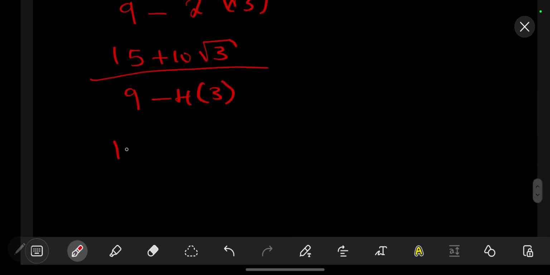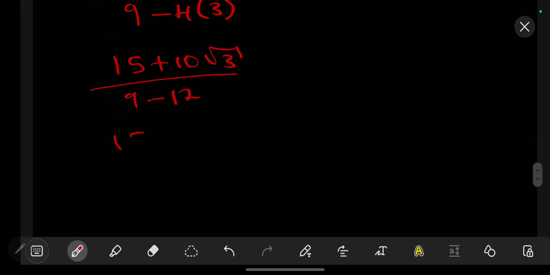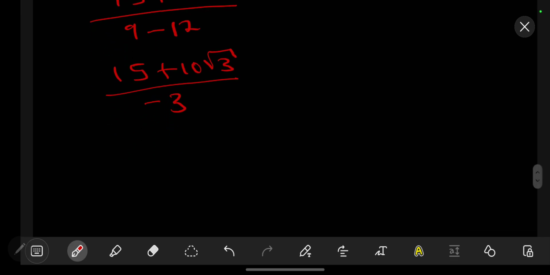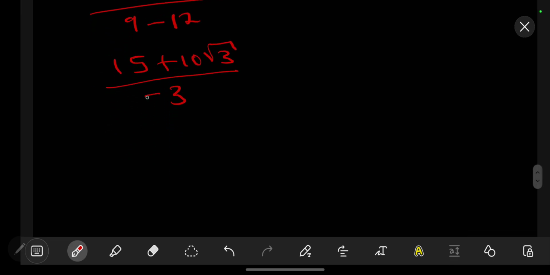So we are going to have 15 plus 10 square root of 3 over our 9. 4 times 3 gives us minus 12. Then we are going to be having 15 plus 10 square root of 3 over 9 minus 12 gives us a negative 3, like that. Then we can distribute this negative 3.